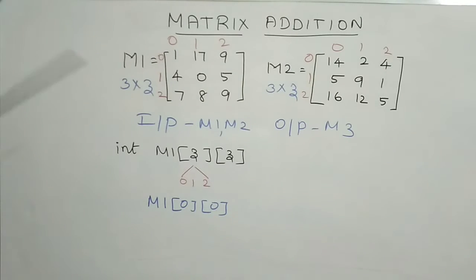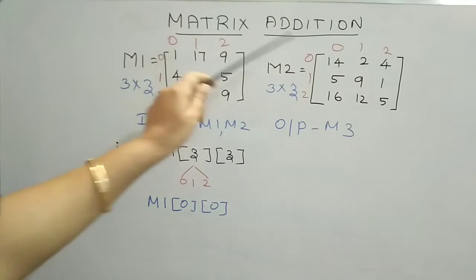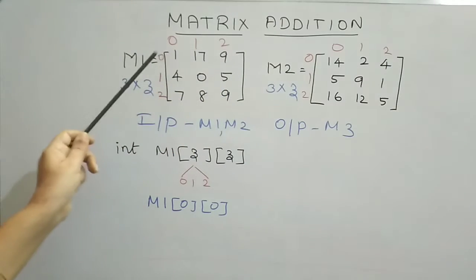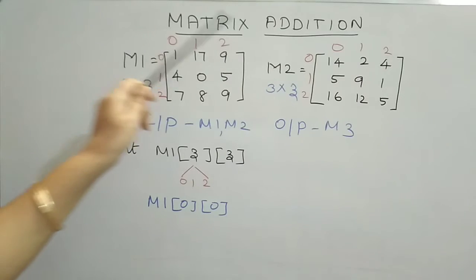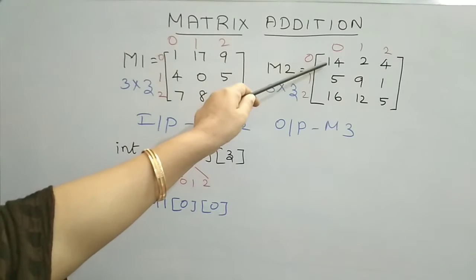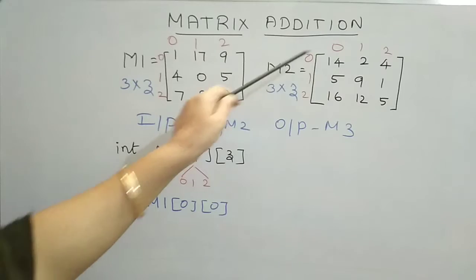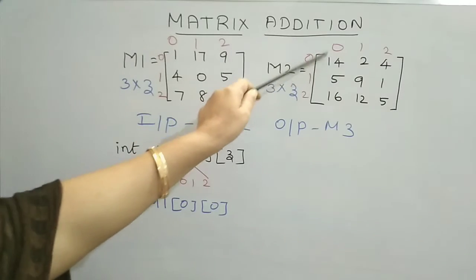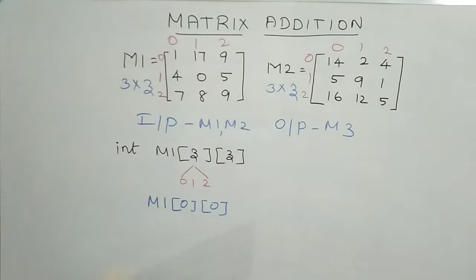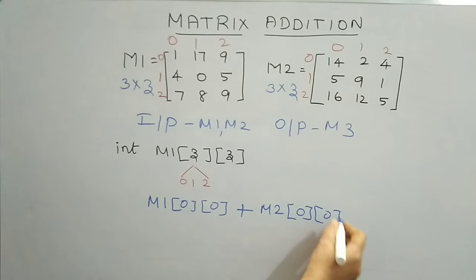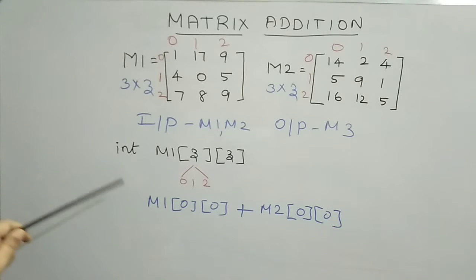If I want to add this element with the element in matrix M2, the element 1 will be added with the corresponding element from the input matrix M2. The corresponding element is 14, the element in the same index position, that is 0, 0, and they will be added. In this way, I can perform the matrix addition.